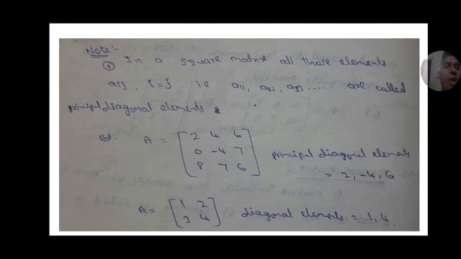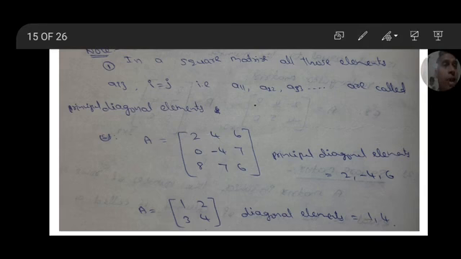Next. Note: in a square matrix, the order of the matrix is 2 by 2, 3 by 3, 4 by 4, 5 by 5, 6 by 6, like that. In a square matrix, all those elements aij where i equal to j, that is a11, a22, a33 and so on, are called principal diagonal elements or diagonal elements.